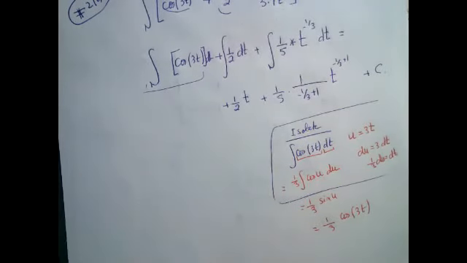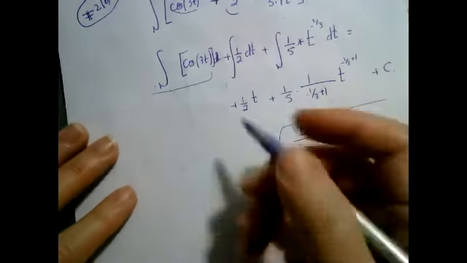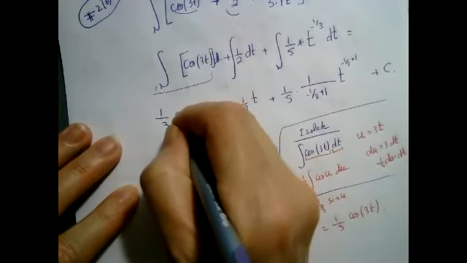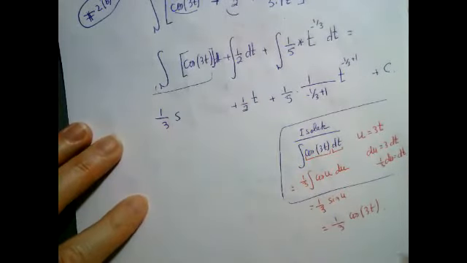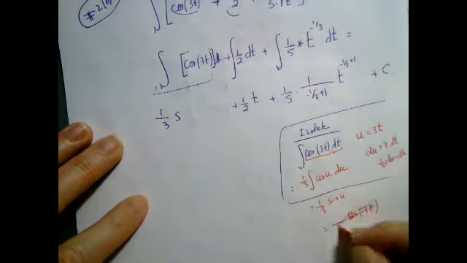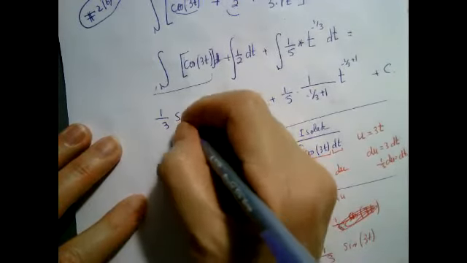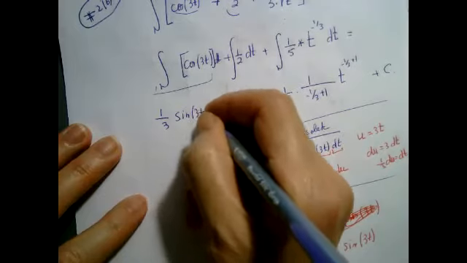Whenever I have an inside function, definitely I have to use a substitution. So this is going to give me 1/3 sine 3t.